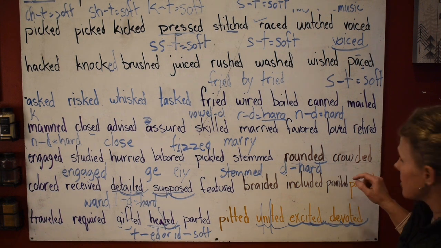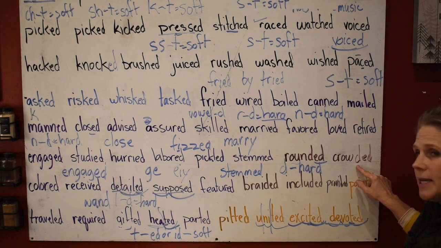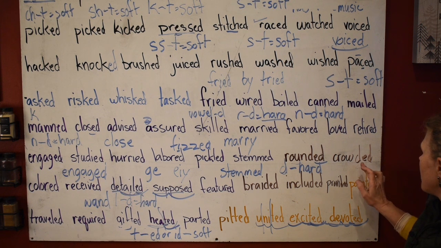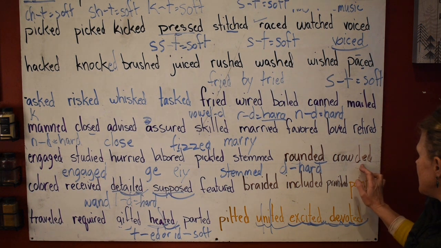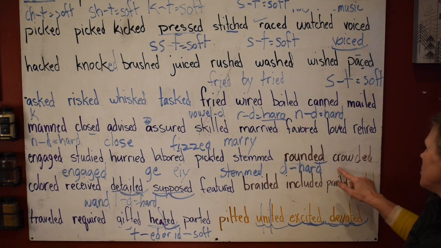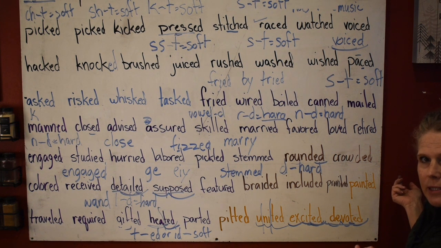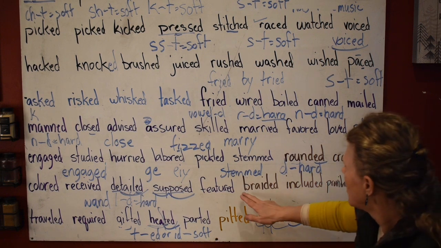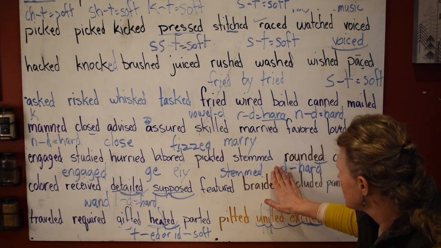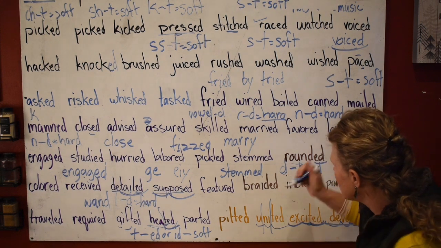Crowd. So your base word here is crowd. See how it ends with a D? Then we have the D and then your suffix ed. Crowd is your base word. So you hear crowded. So that one is another one where you kind of hear crowded. It's crowded in here. Braid is your base word. See, it has the hard D sound right here.